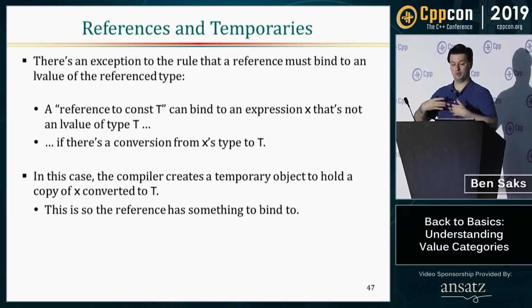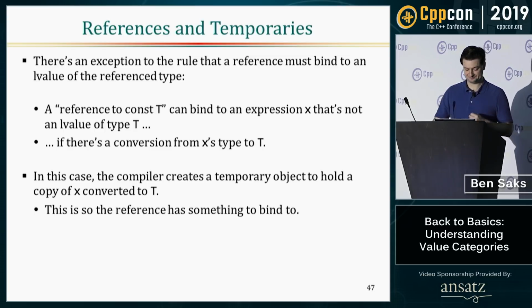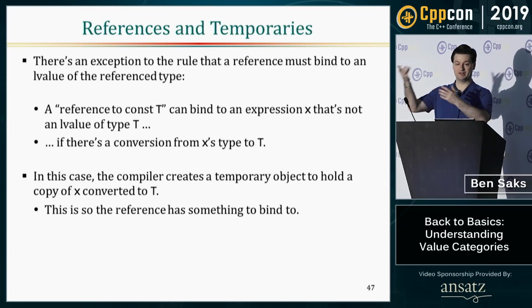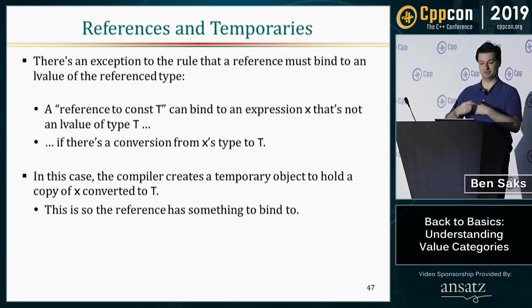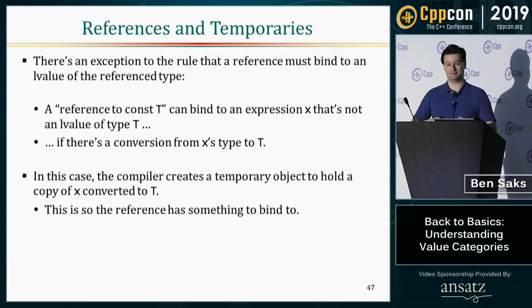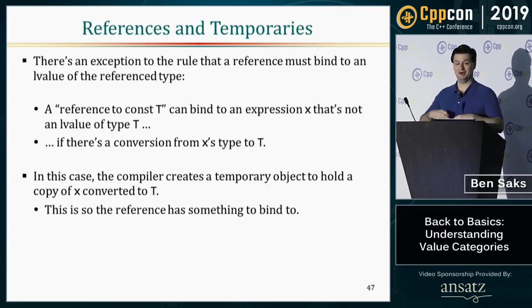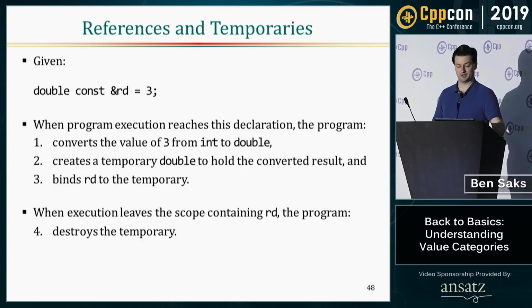The way that this works is that the compiler creates a temporary object that holds the value of x converted into a T object. And that temporary object that was created, that's what the reference winds up being bound to. That temporary object has some sort of location in memory that the reference can refer to.